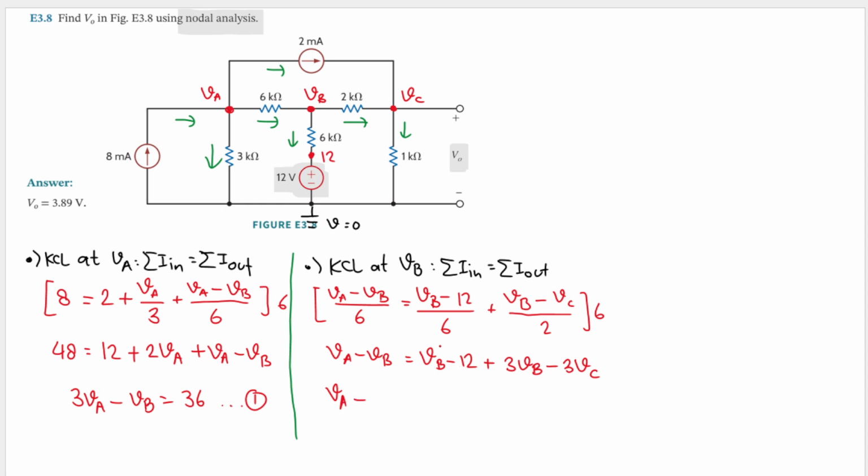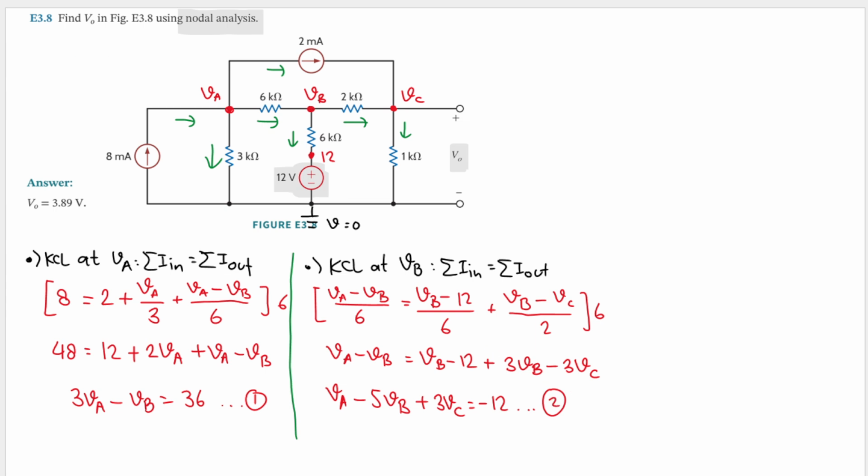Minus 1, that will be minus 2, minus 2 minus 3, that will be minus 5. So we'll have minus 5 VB, and then plus 3 VC, and all of that will equal minus 2. And let's save this as equation number 2.